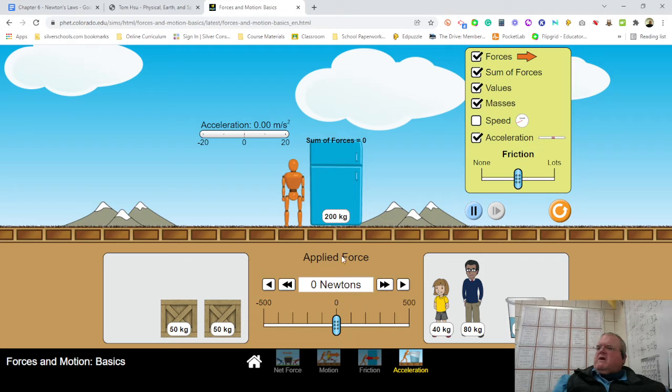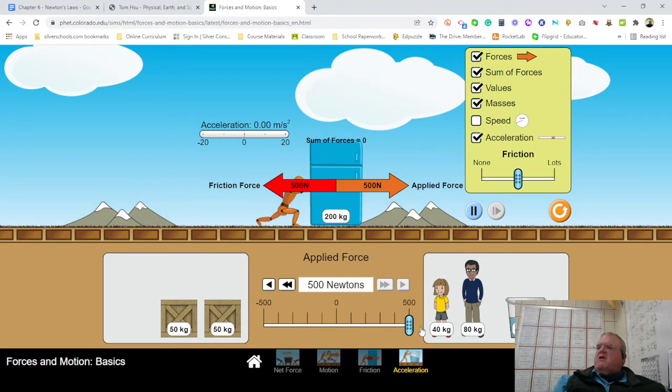So if I put 500 newtons of force, notice that my frictional force is 500 newtons, my applied force is 500 newtons. That makes the sum of my forces 0, and therefore my acceleration is 0.